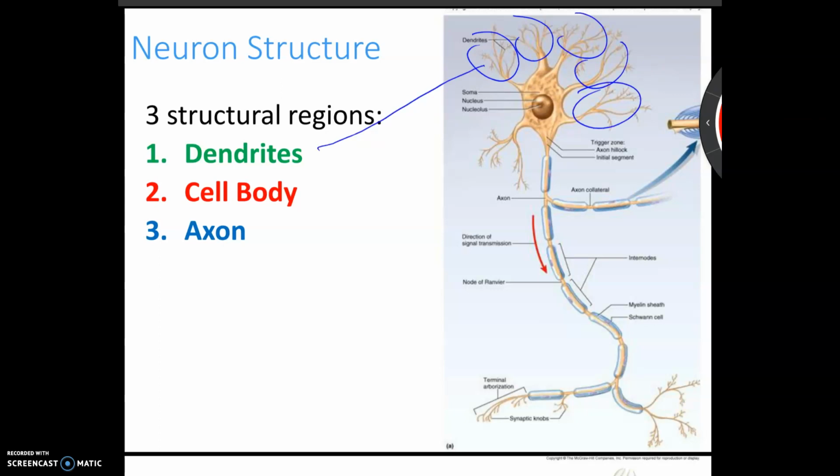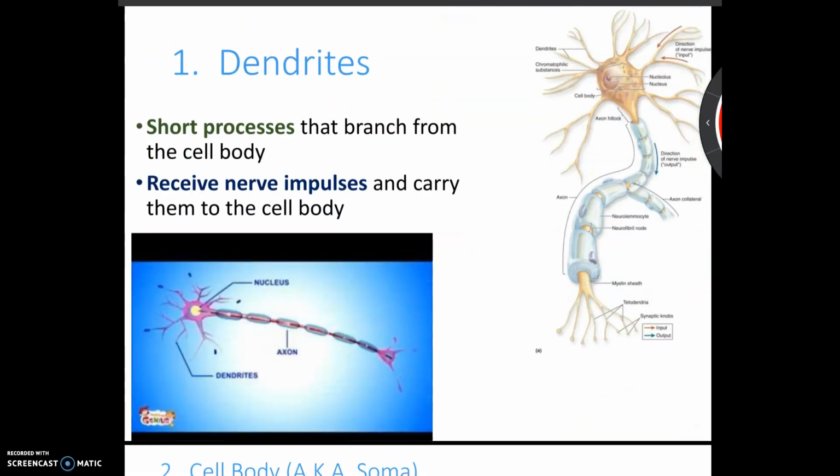You have the cell body. That is the cell body of the neuron. And then you have one long axon. Now this axon is branched into these things called collaterals and telodendria, which we'll get to in a minute. Let's first look at the dendrites.